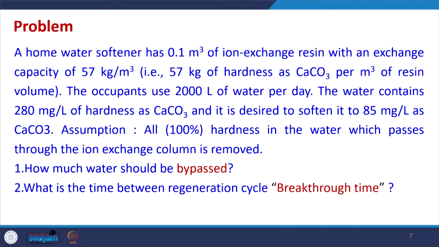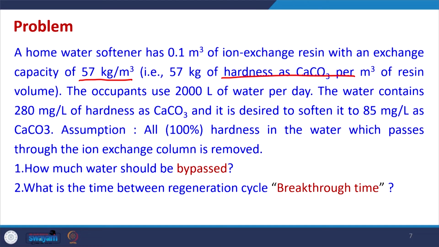A home water softener has 0.1 meter cube of ion exchange resin with an exchange capacity of 57 kg per meter cube, or that may be called 57 kg of hardness as CaCO3 per meter cube of resin volume.